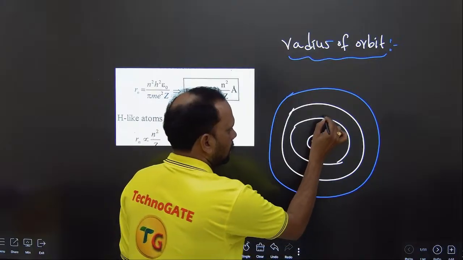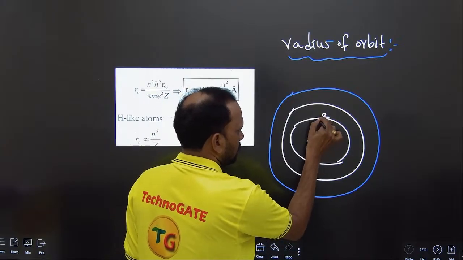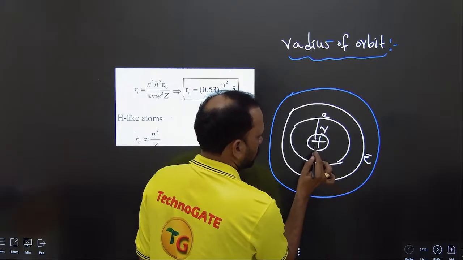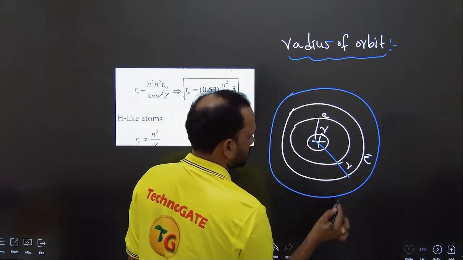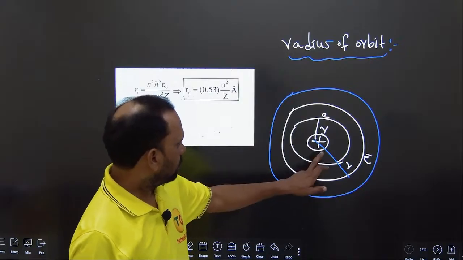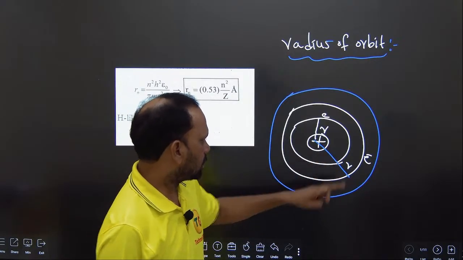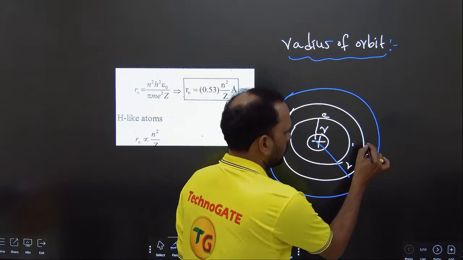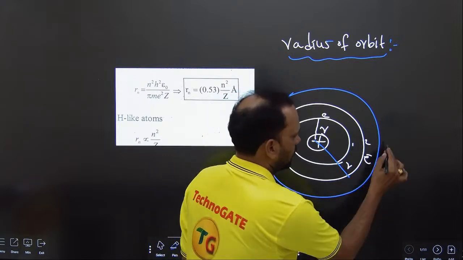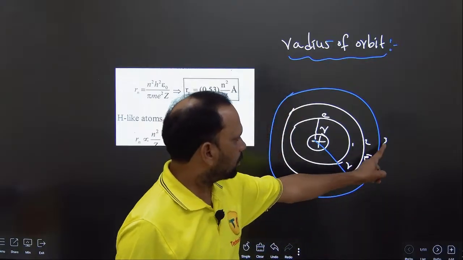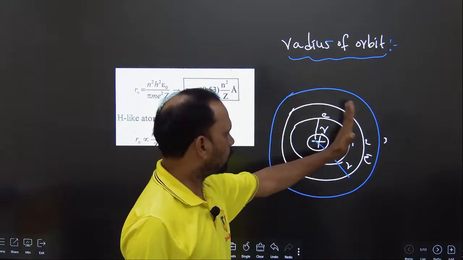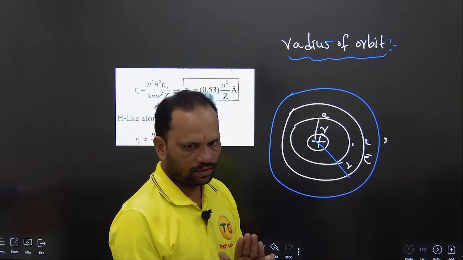This is the electron, and we call this distance the radius. If you observe, n is the principal quantum number: 1, 2, 3. If the principal quantum number is increasing, the radius also increases. If the principal quantum number is decreasing, the radius also decreases.